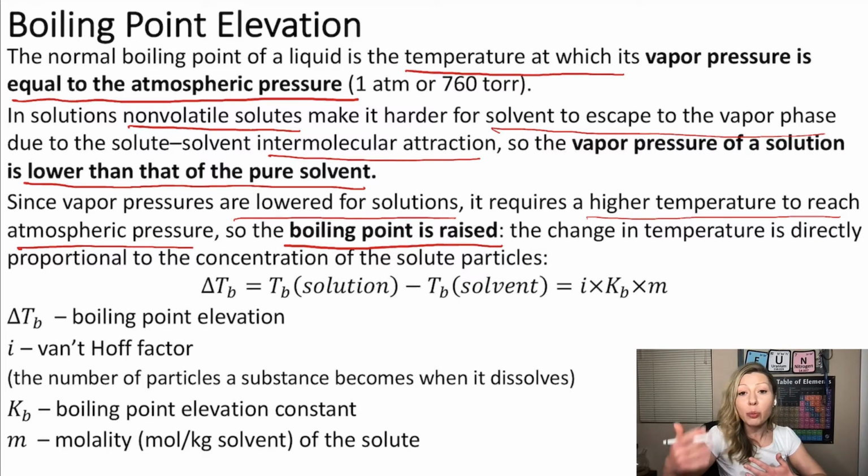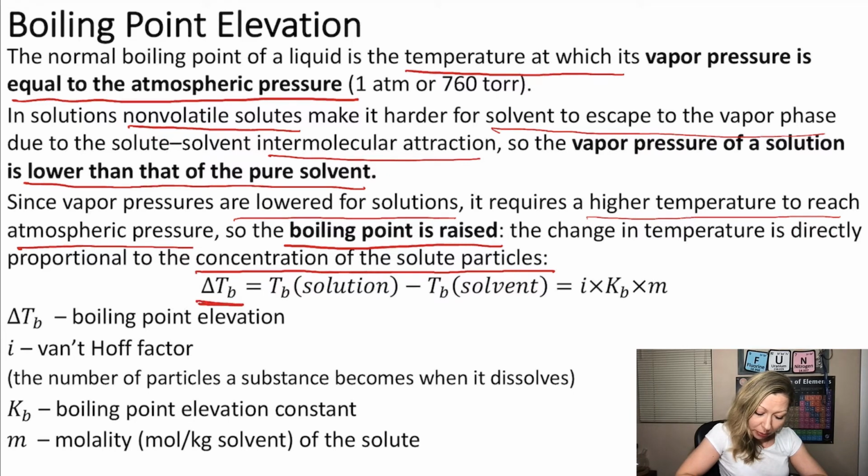And this higher boiling point is directly proportional to the concentration of the solute particles. So the change in boiling point, or the boiling point elevation, equals the molality of the solute multiplied by K sub B, which is the boiling point elevation constant, and multiplied by i, which is the Van 't Hoff factor.